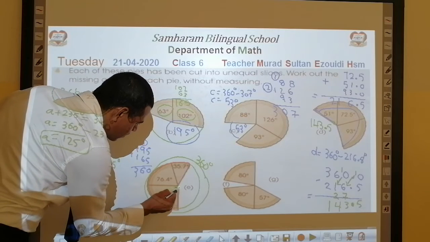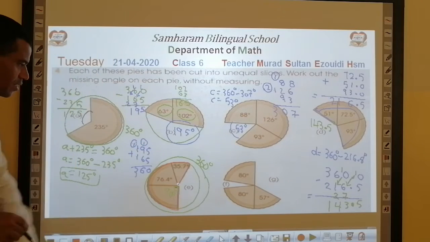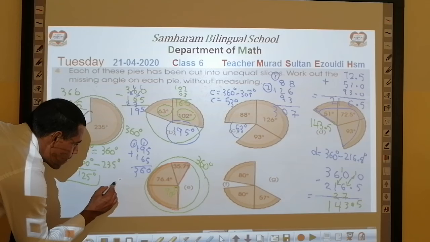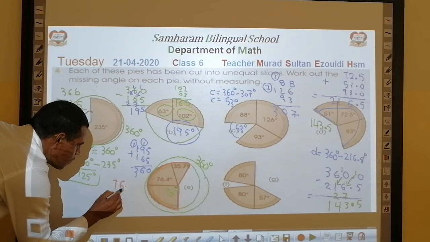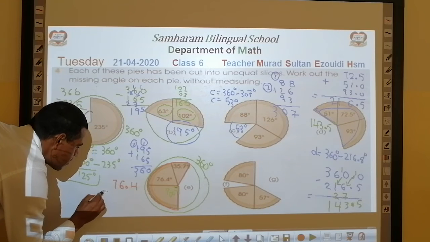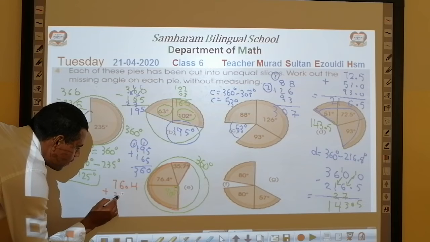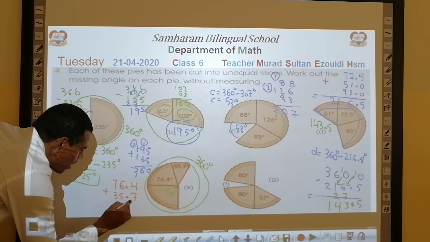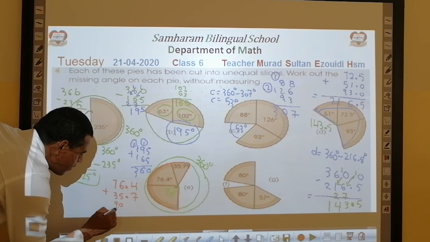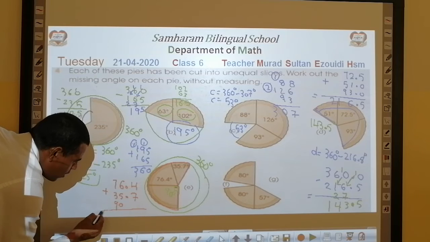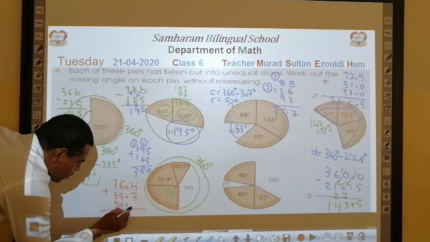Okay? So, let's add the total. It will be what? 76.4 plus 35.7 plus 90. I will write as 90.0.